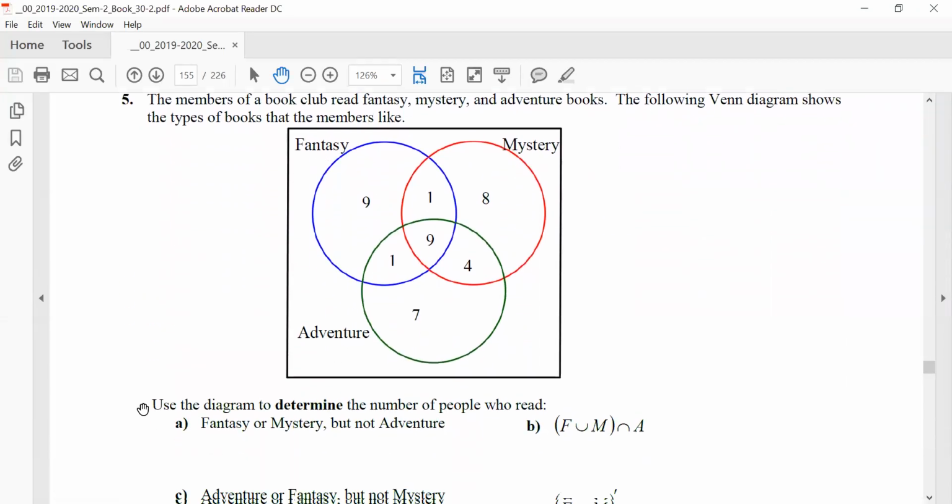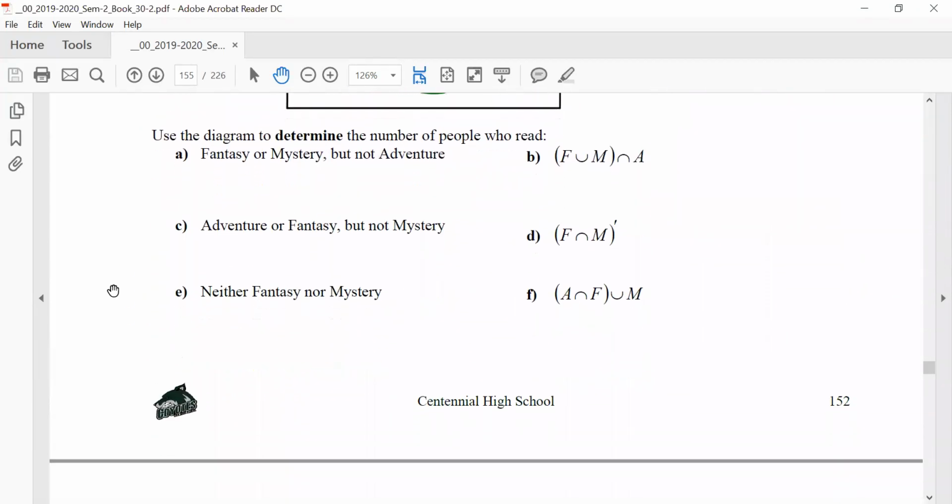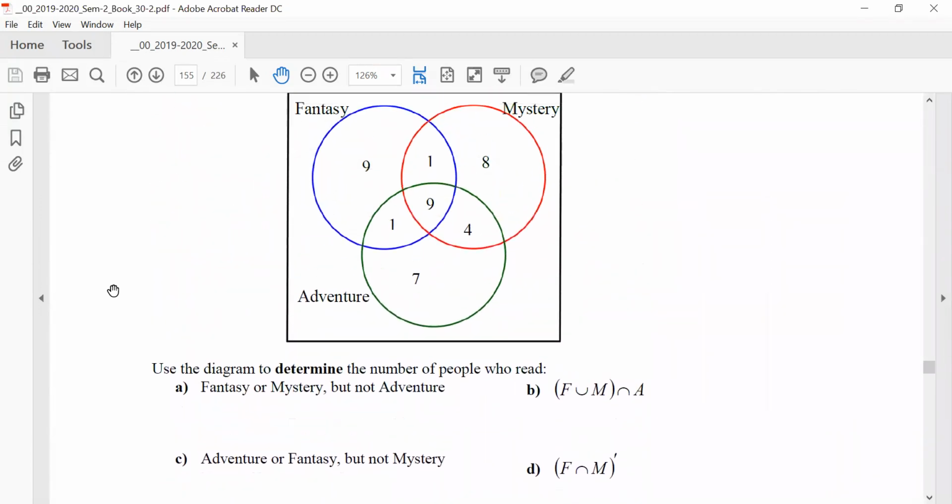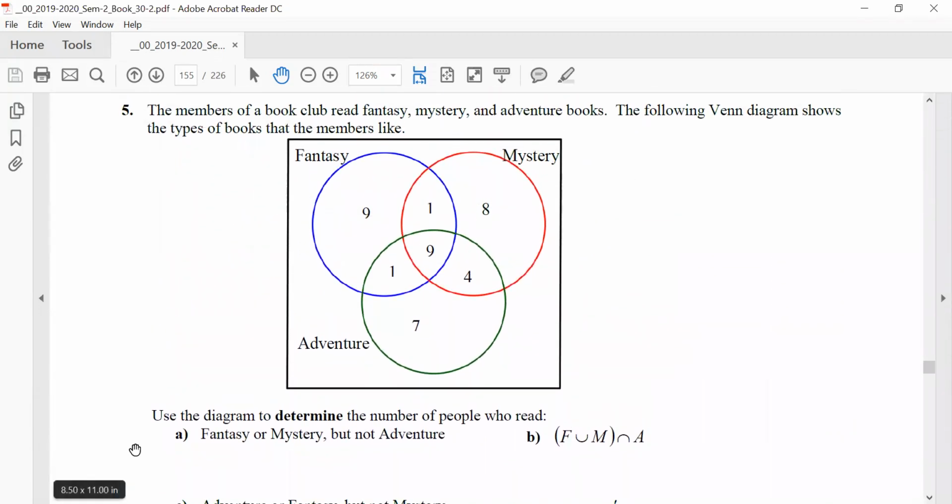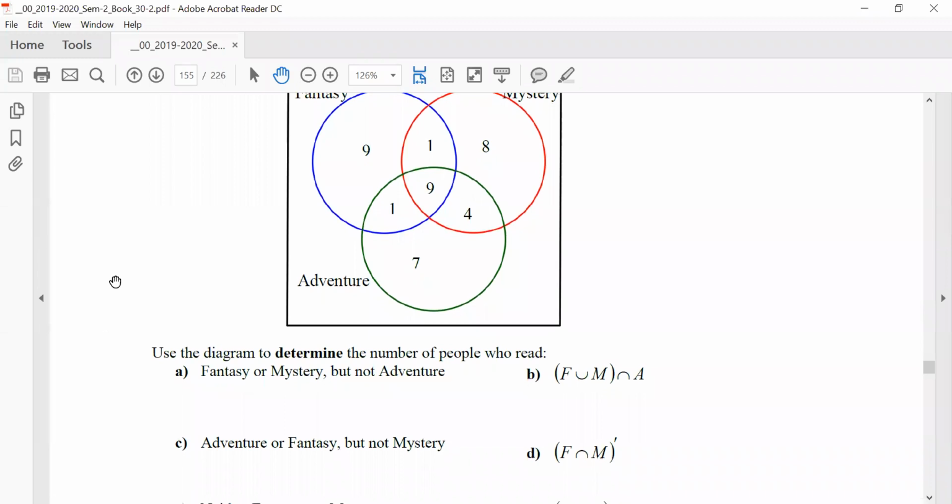Okay, last question. Number 5. Okay, so we got a book club and we're reading 3 different genres of books. And we got a few questions to answer from here. So, first question.